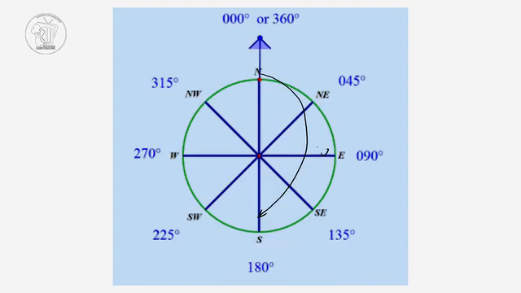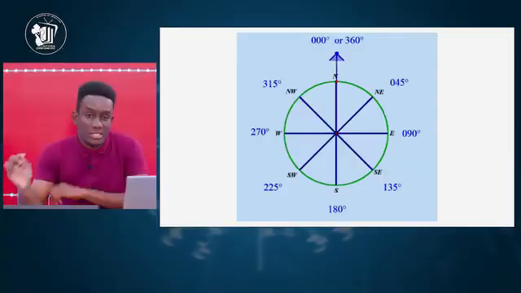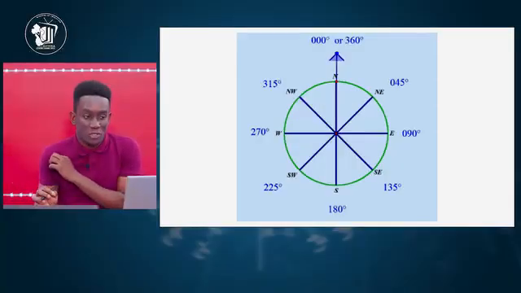Anything between 90 and 180, you will find in between here. Then we go around to west, which will be 270 degrees, and then all the way back to north, which will be 360 degrees. So this here is what we use as a guide when we want to draw bearings.